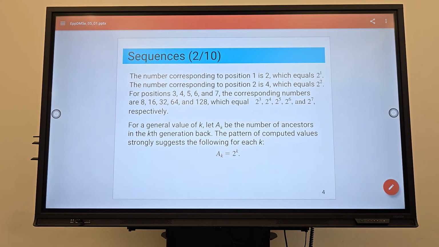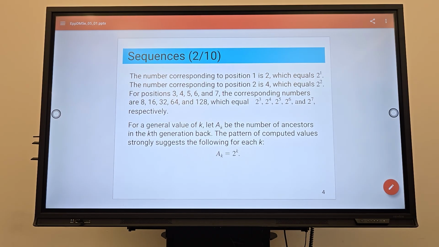The number corresponding to position 1 is 2, which equals 2 to the first. The number corresponding to position 2 is 4, which is 2 to the second power. For the rest of the positions, the numbers equal 2 to the power of that position.